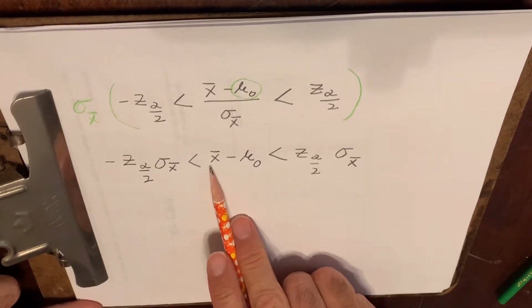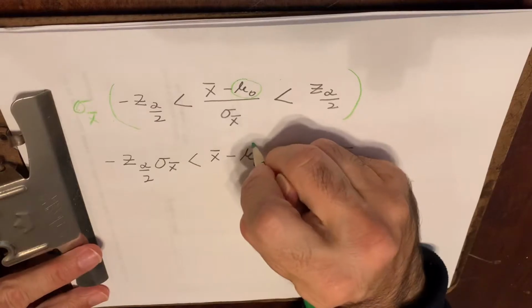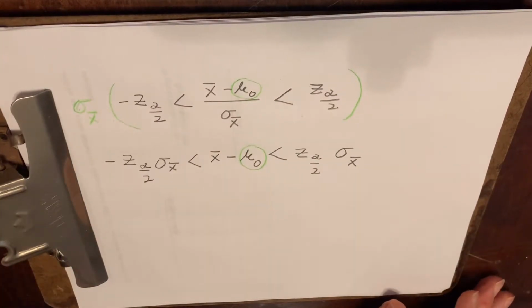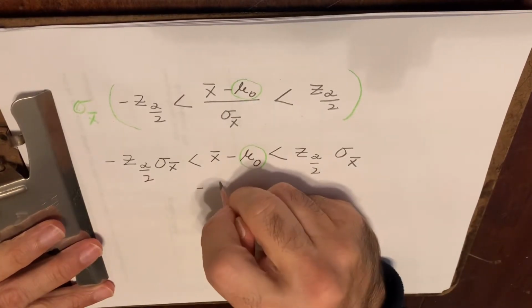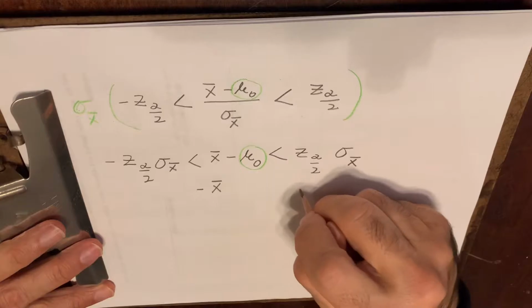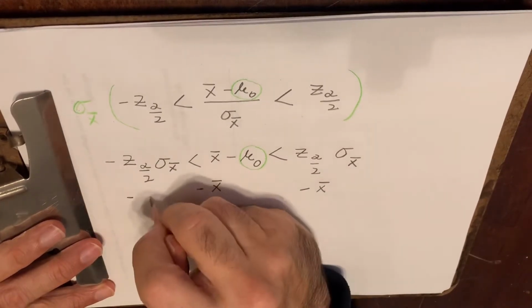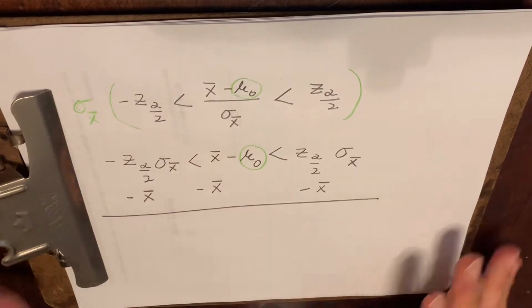So now what we want to do is solve for this mu naught. We're getting close, but we're not there. So now we're going to subtract X bar from all members of this inequality. All right, so we're going back to high school here.